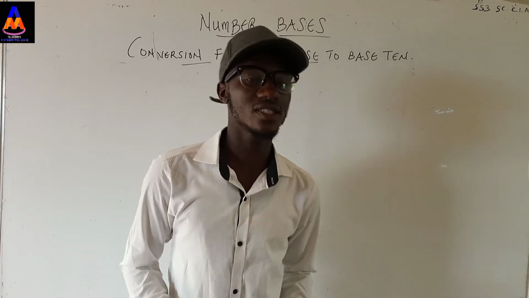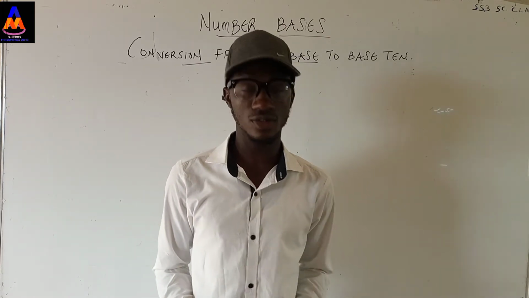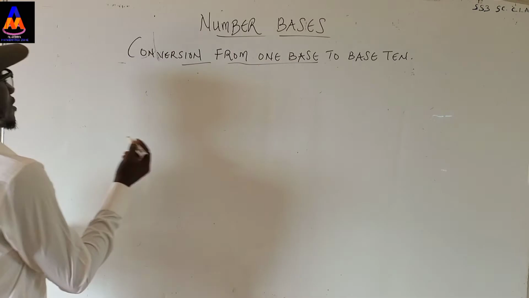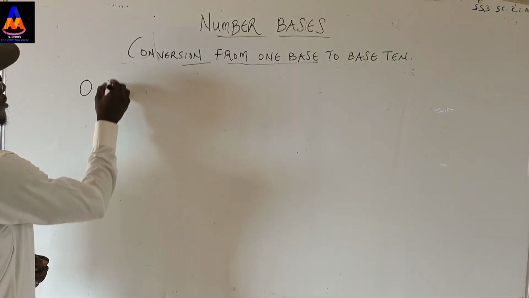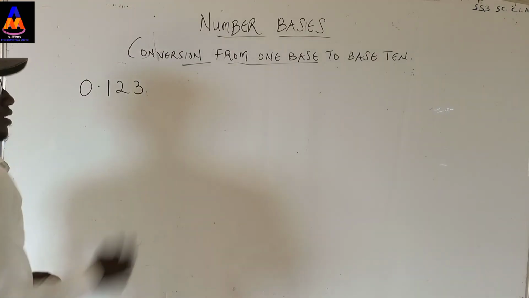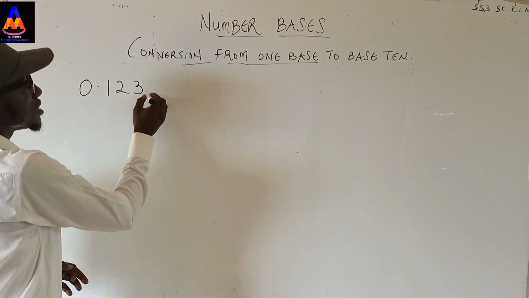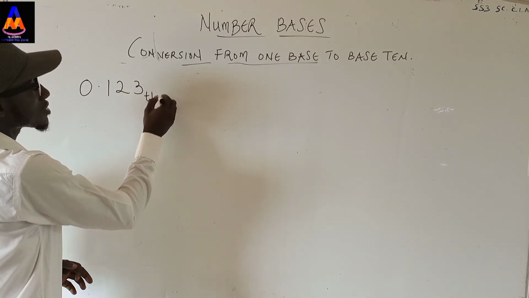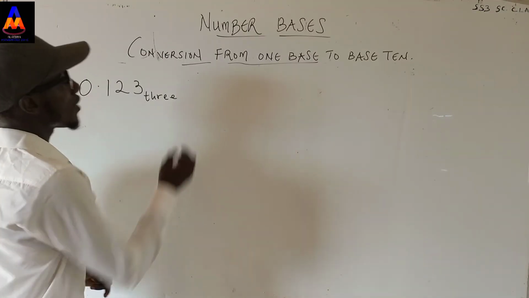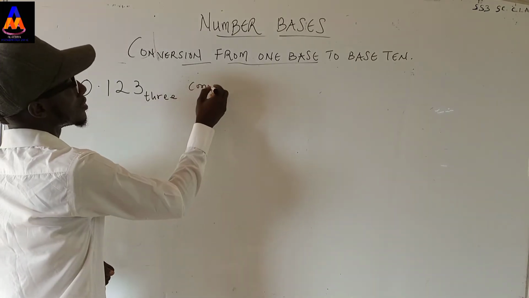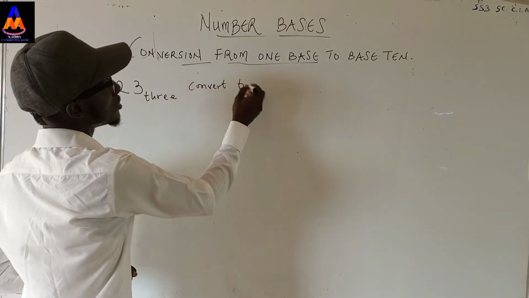Let me exemplify that to you. If you are given something like 0.123, and this one is in base 3, for instance, and you have to convert it to base 10.